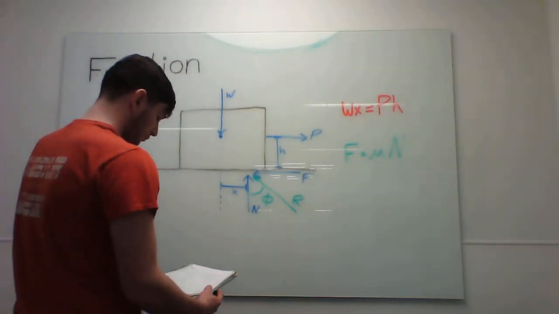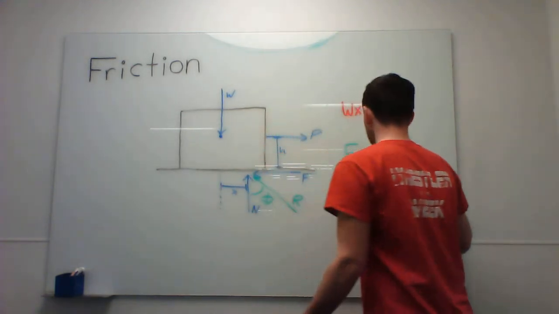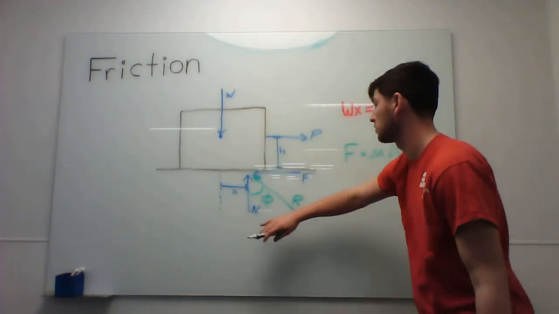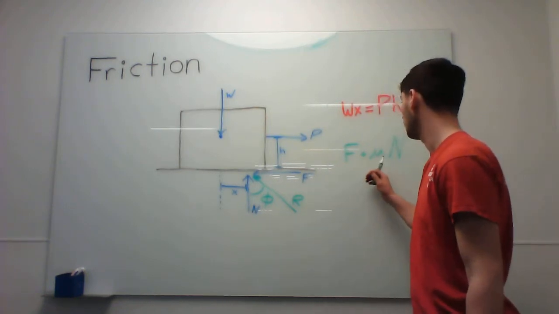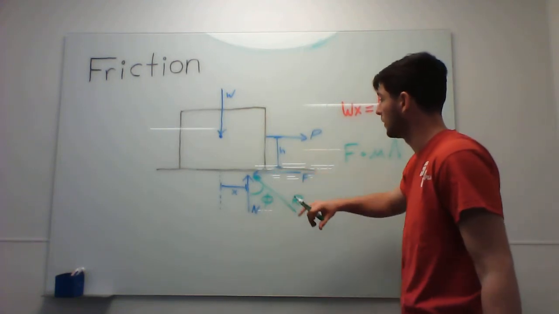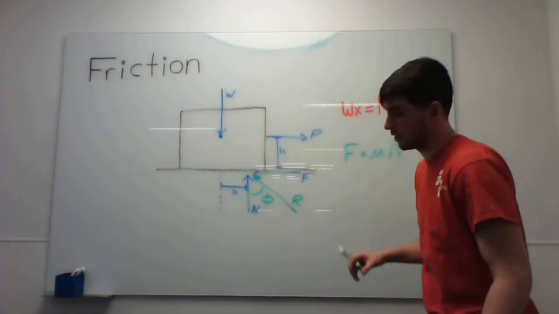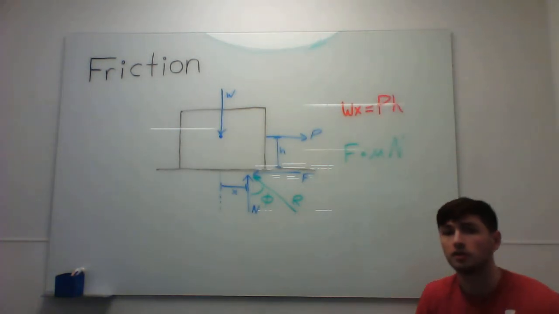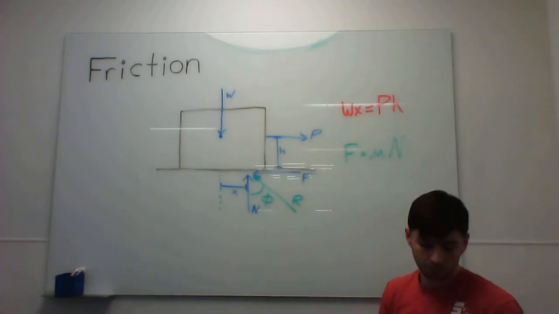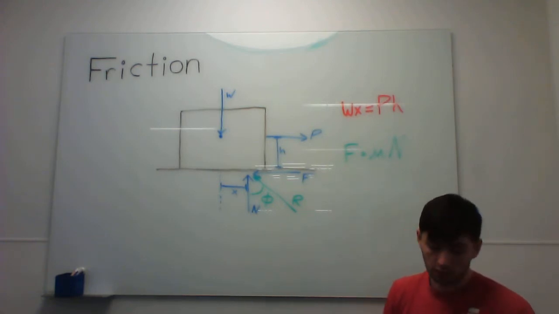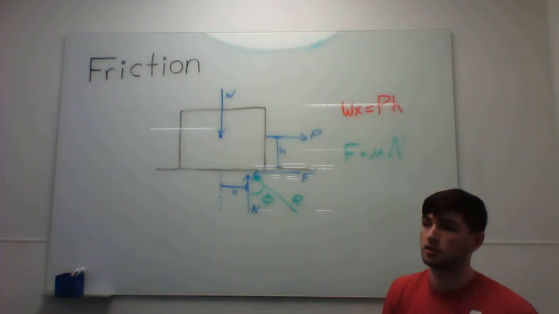So we can use this formula to find frictional force or normal force in this situation. Or if we have all those values, we can use it to find the coefficient of static friction.